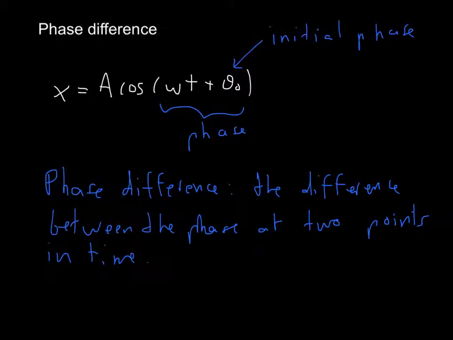The phase difference is actually related to something called the path difference between 2 points, and you can use this to calculate interference and whatnot. But the basic idea is that this is called the phase, and the phase difference between 2 points is just the difference between these angles that are inside the cosine, which is what allows our movement to describe the shape that we want.